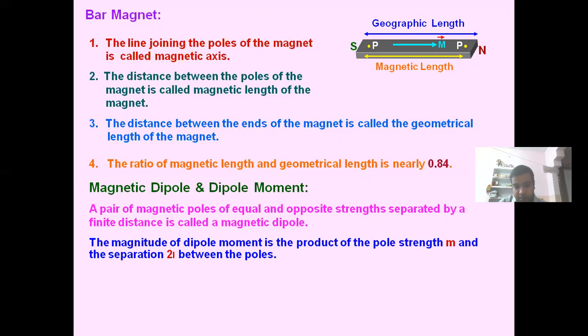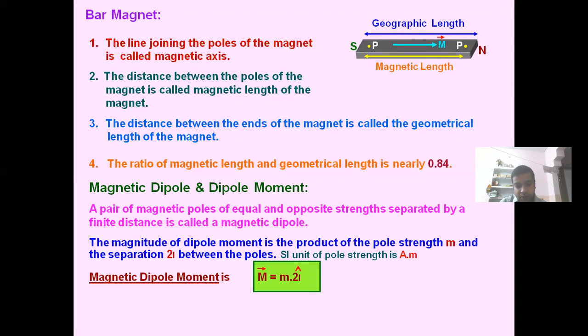And what is the magnetic dipole moment? Its magnitude is the product of the pole strength and the separation between the poles. As the SI unit of pole strength is ampere meter, what do you think about the SI unit of magnetic dipole moment?